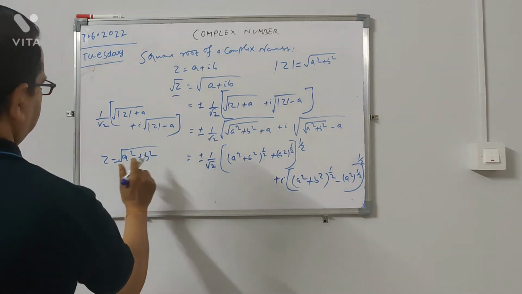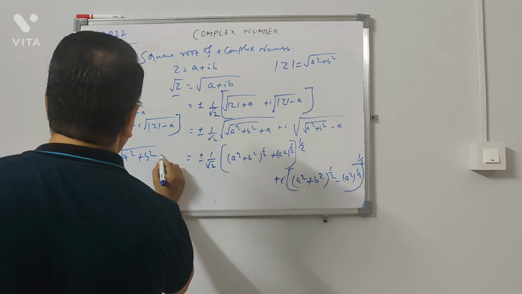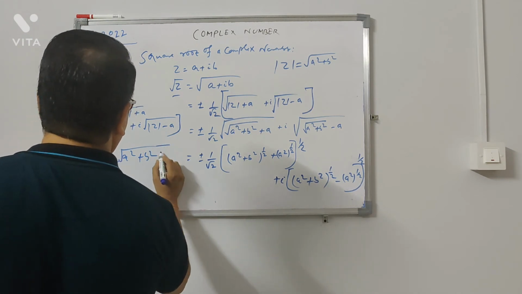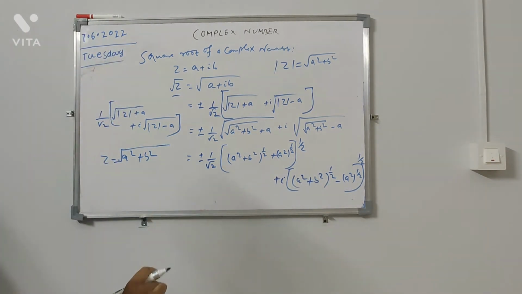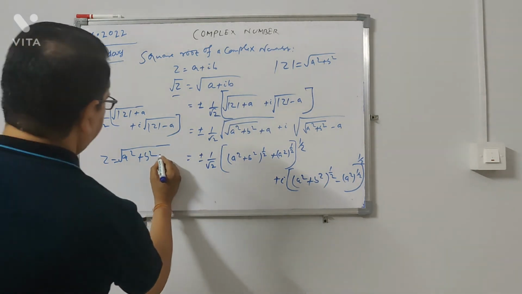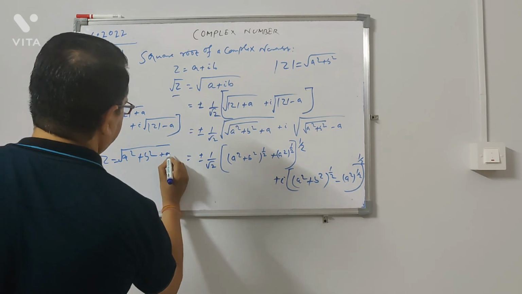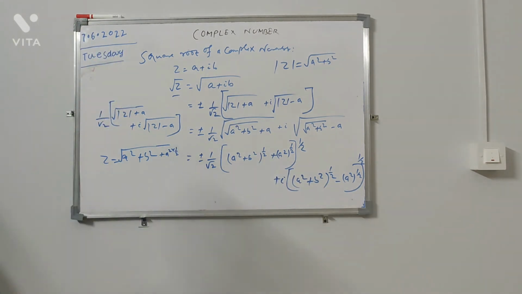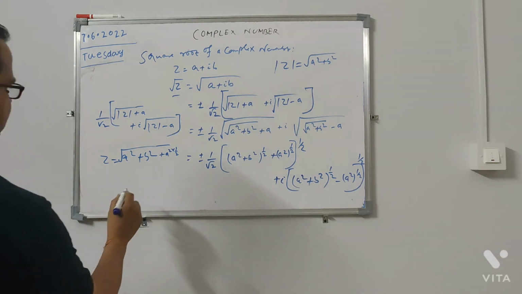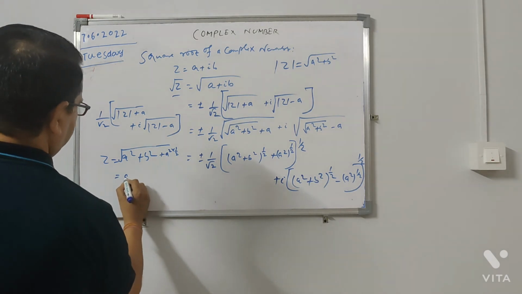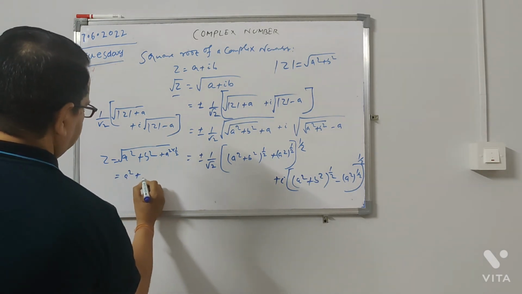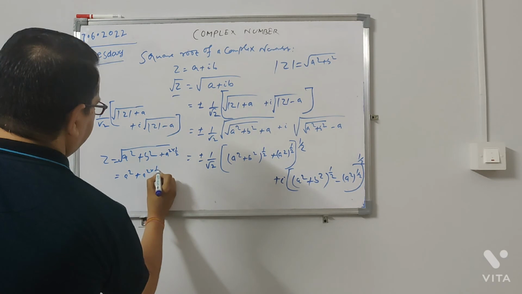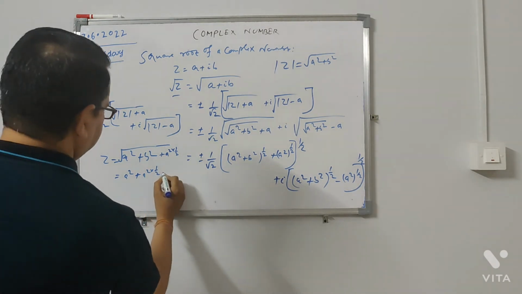Here your a is nothing but a square into half. So it becomes a square plus a square to the power half, plus the square root of b square.